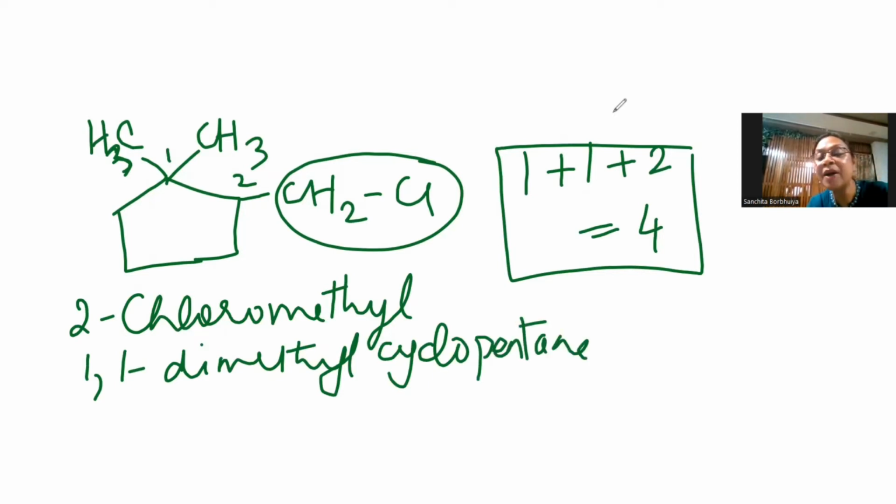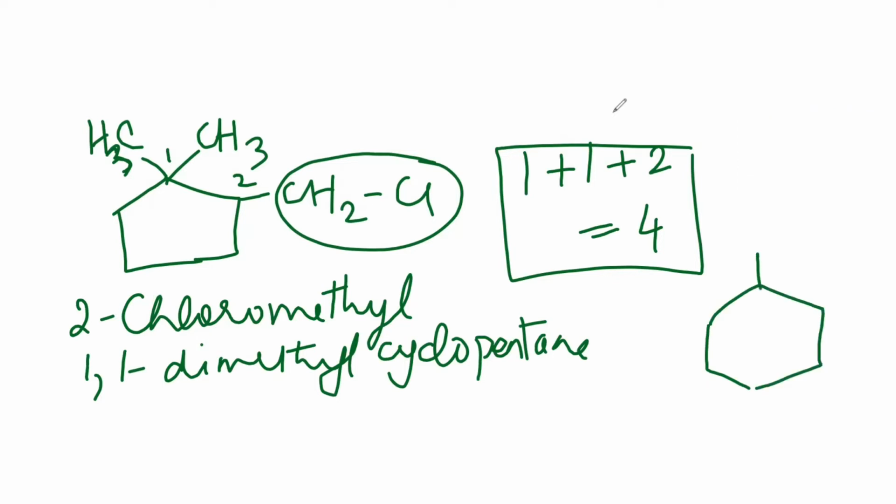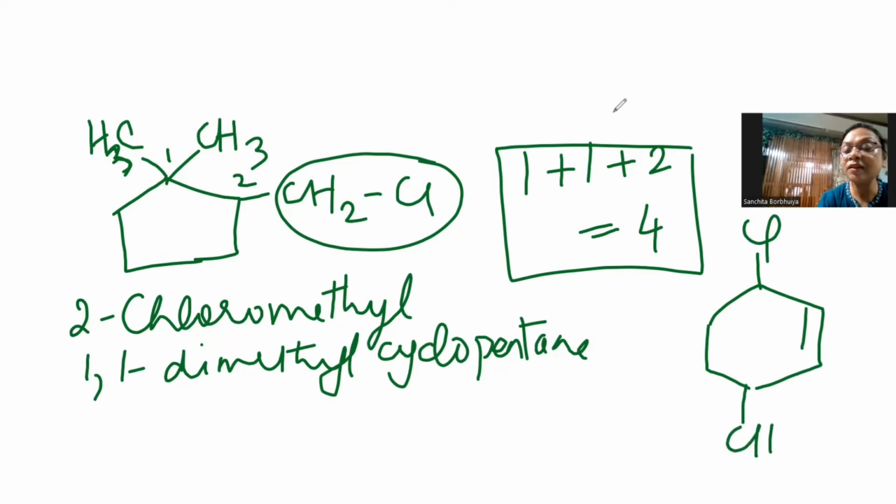So one more compound and then we will wind up the cyclics. Once again, how do we do the numbering? If we start from the bottom, it is 1 for the ethyl. And if we start from the top, it is 1 for the chloro.